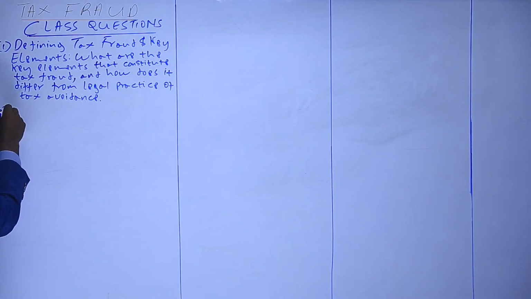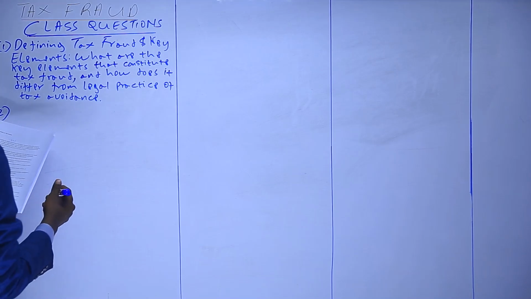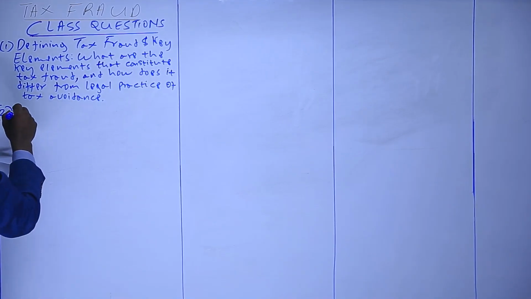Number 2. Willful act to evade tax laws.